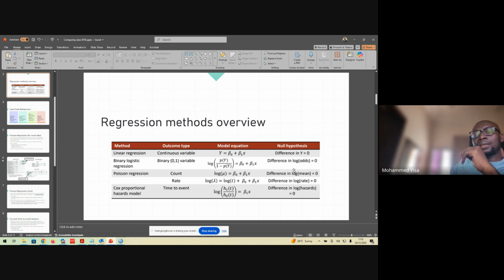So here we are modeling for the difference in the logarithm of the means, and that is the reason why we had to do an exponential. Does that answer your question?